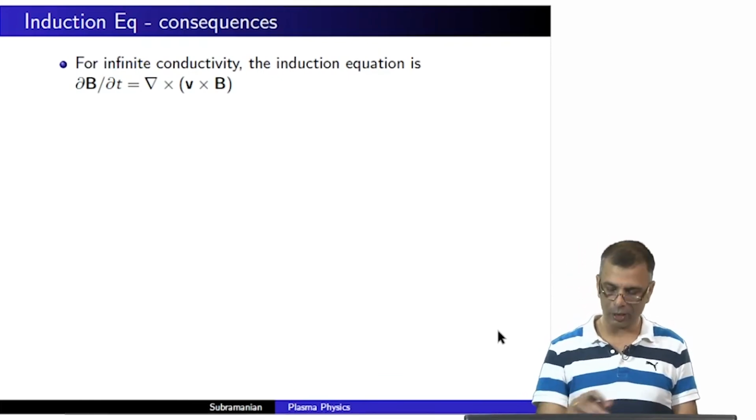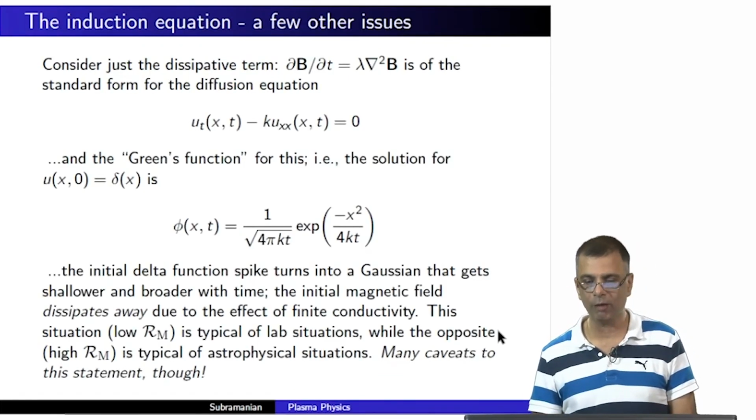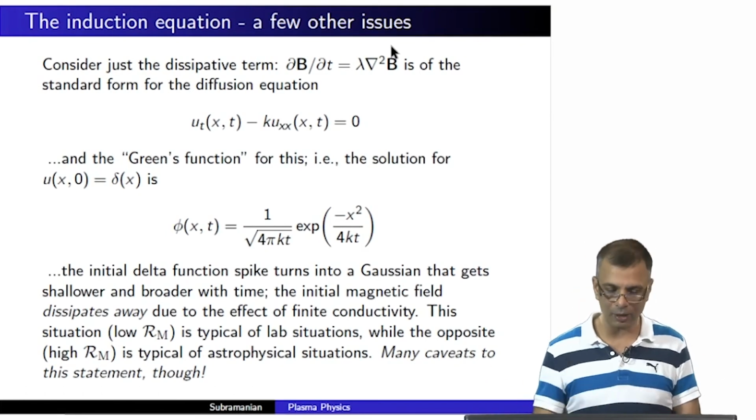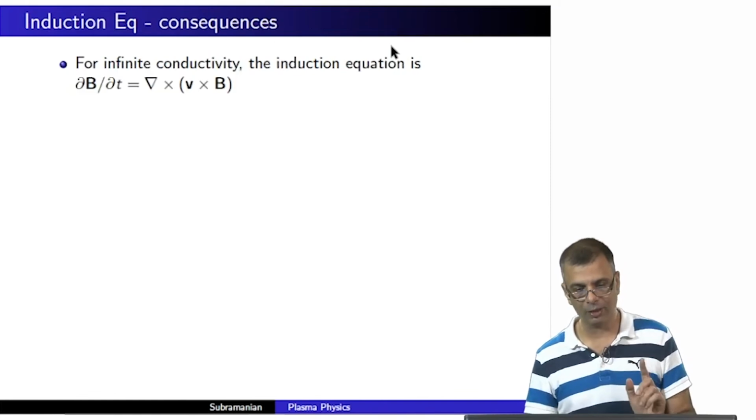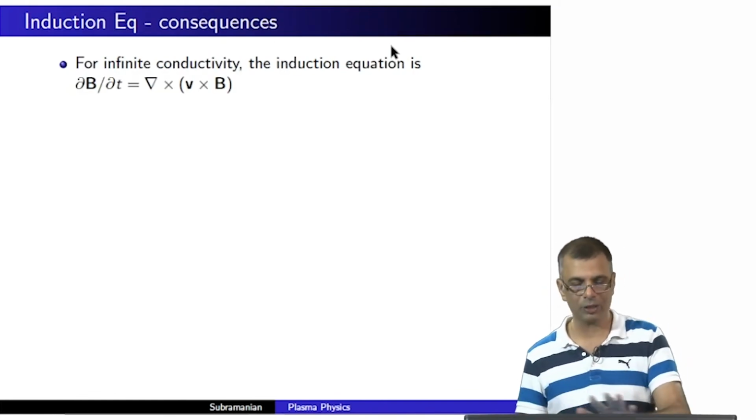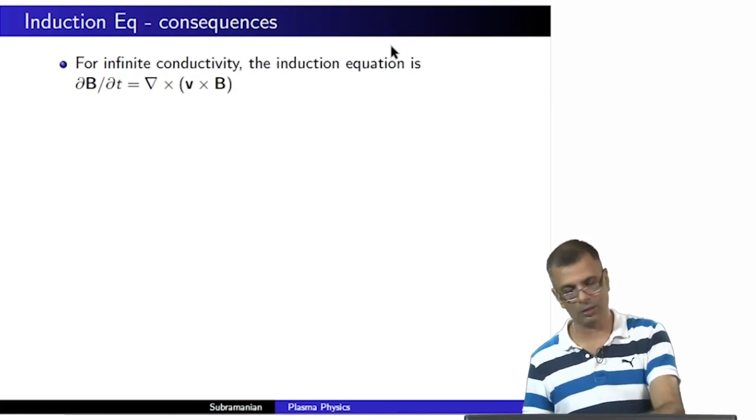If we take the conductivity to be infinite, in other words, if we take this term to be essentially 0, if we take the magnetic Reynolds number to be technically infinite, the induction equation is just this.